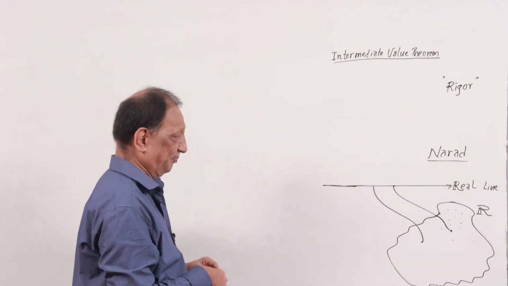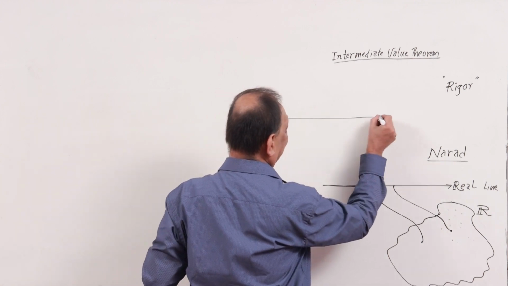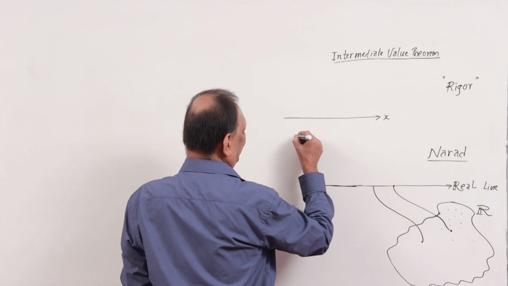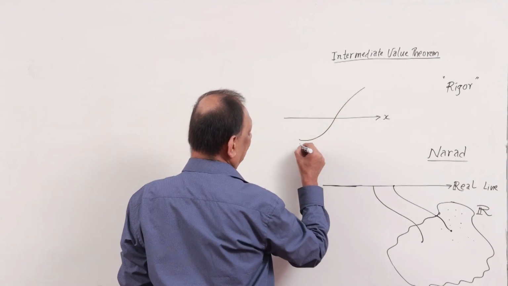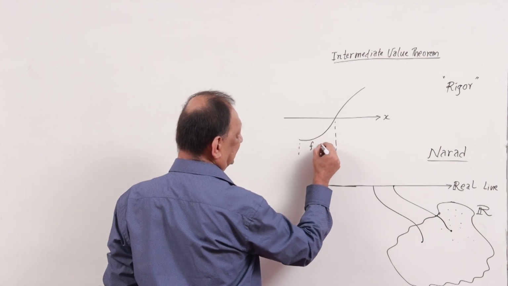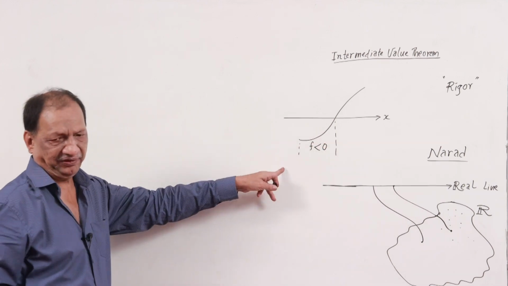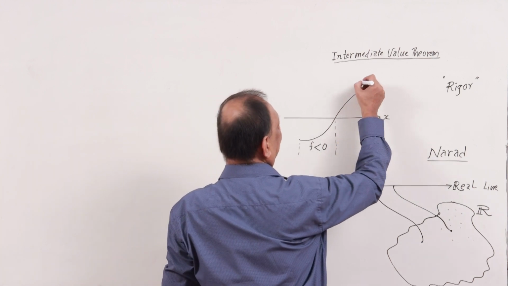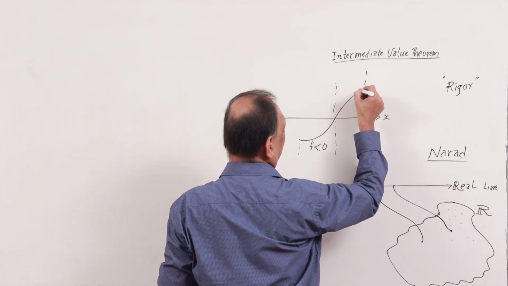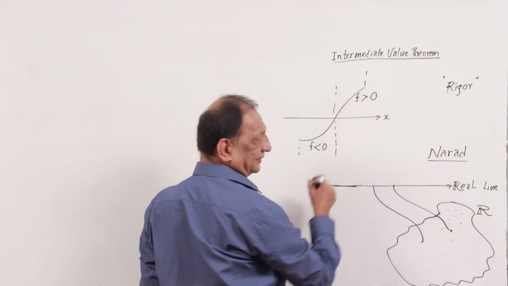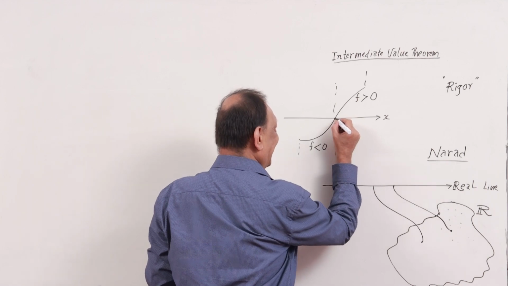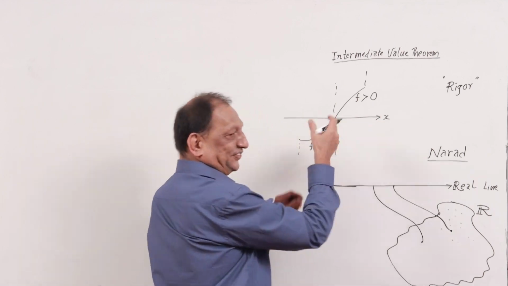Is the question, no? Same. So, if you say you got the x-axis here and we plot f, any function f, we find that for some interval, the f value is less than 0, negative value. And we find some other interval, f value is greater than 0, correct? So now the question is, is there a value of f which is 0?